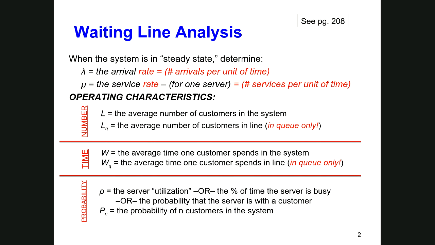Determine the average number of planes that will stack up waiting to land. And again, there are key words. As I read the problem, hopefully you heard the word number. What's the average number? So for part A, it's going to be one of these 2 operating characteristics, either L or L sub Q.